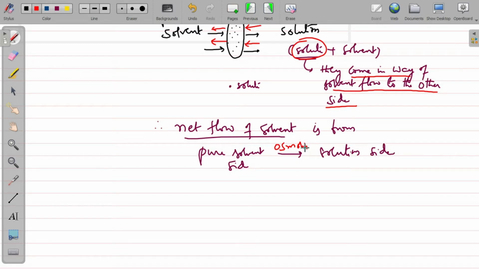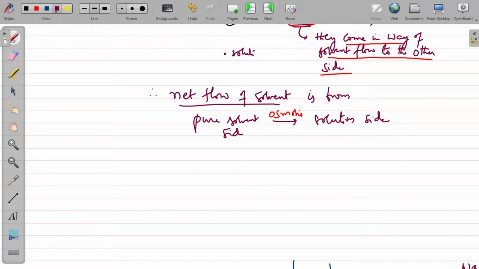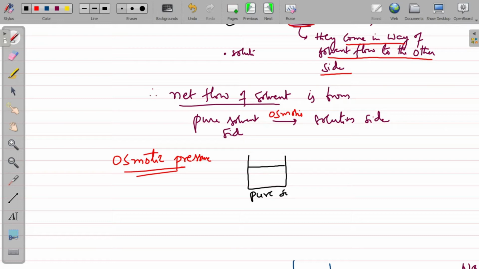Now we have studied what osmosis is. Now let's look at the picture of what osmotic pressure is. Suppose I have a pure solvent on one side and on the other side there is a solution.